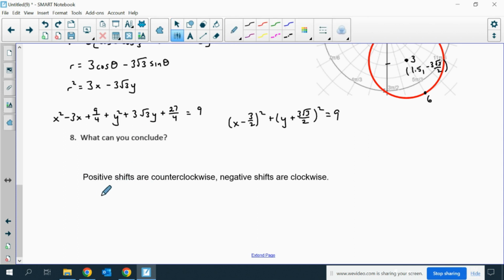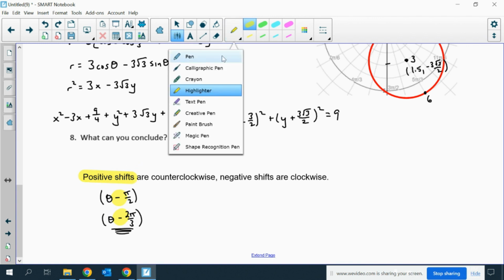Now when I say that, a positive shift would be something like theta minus pi halves or theta minus 2 pi thirds, because remember, when we're changing something on the inside of something, it's the opposite of what I see. So if I have a negative number, that's a positive shift.